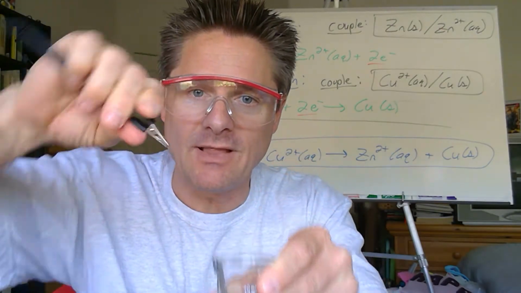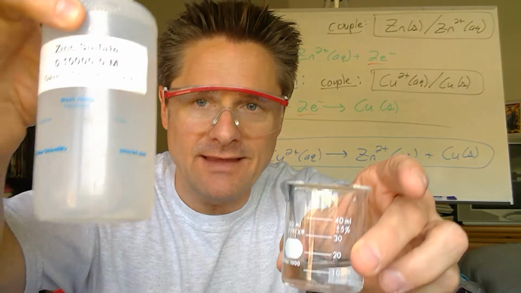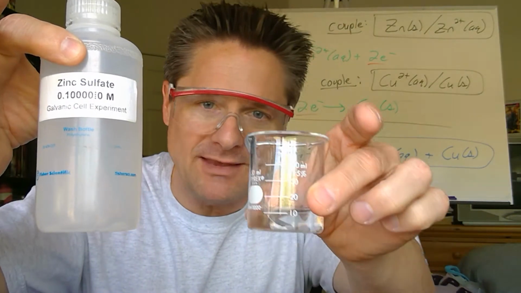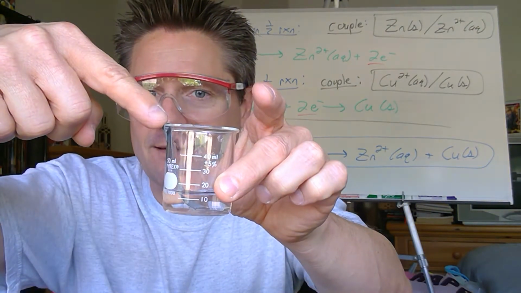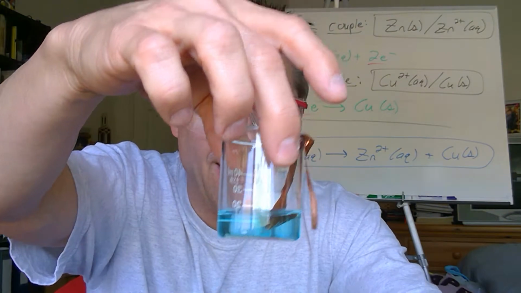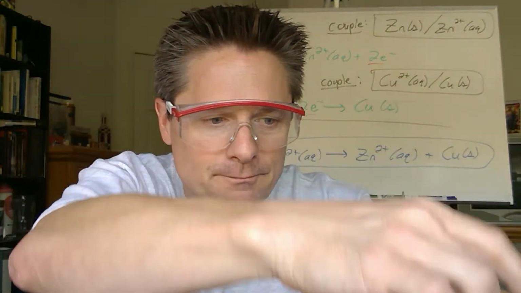Just like that. So in the anode, we have zinc sulfate. It could be nitrate, but we happen to have zinc sulfate solution in there, 0.1 molar, with our zinc electrode, the anode. And over here with our copper electrode, the cathode, I have copper sulfate solution.